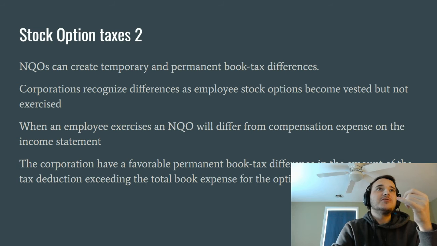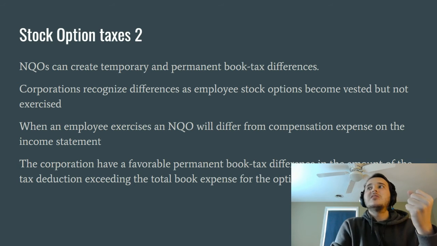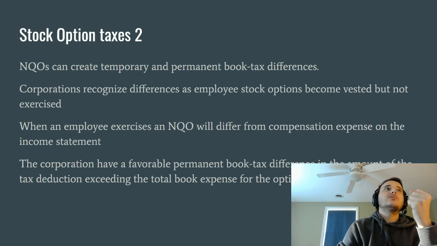There will be differences basically every year if you have a large enough company. And when an employee exercises an NQO, the tax deduction will differ from the compensation expense on the income statement. The corporation will have a favorable permanent book tax difference in the amount of the tax deduction exceeding the total book expense for the options.